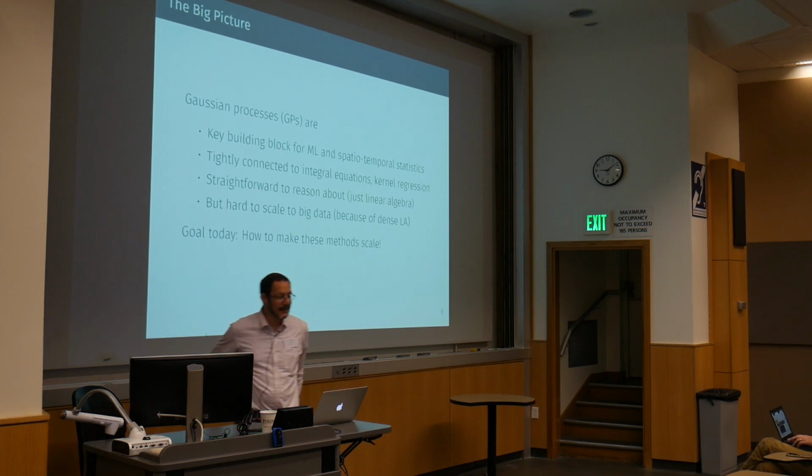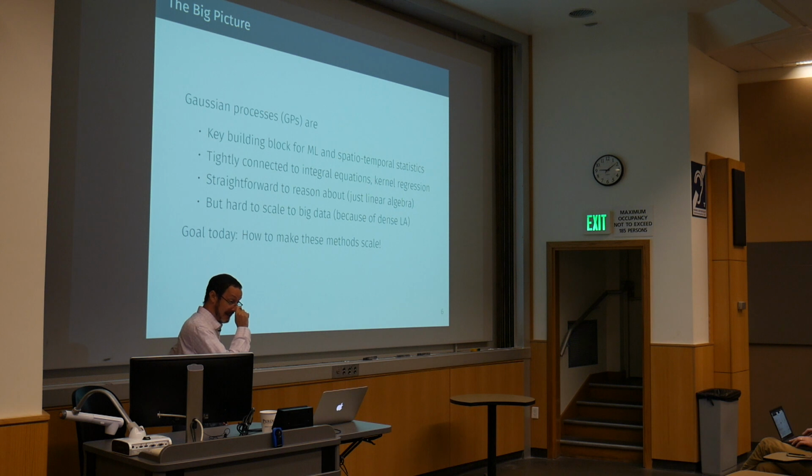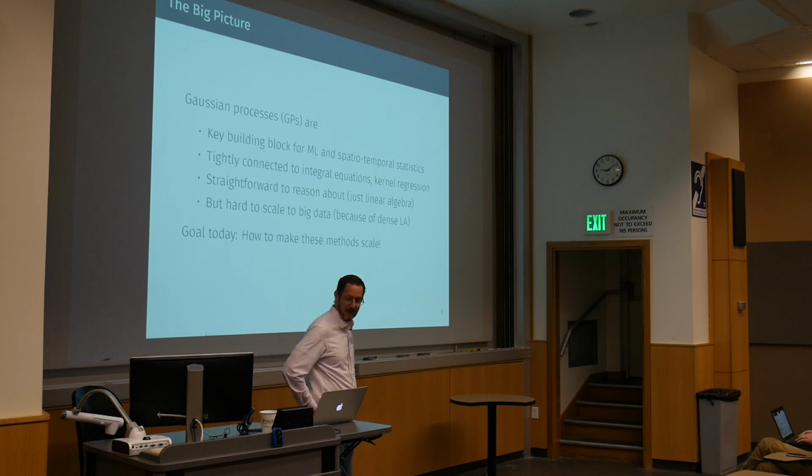So Gaussian processes, this is a key building block for machine learning and also spatiotemporal statistics. It actually turns out that my undergrad research project way back when, slightly over 20 years ago now, involved a nonlinear transformation on top of a Gaussian process.